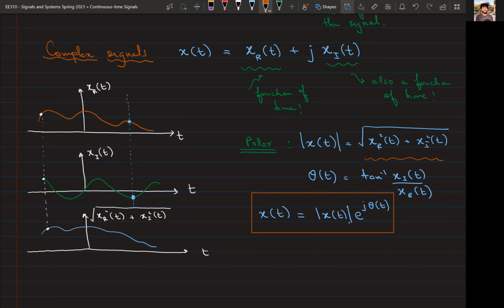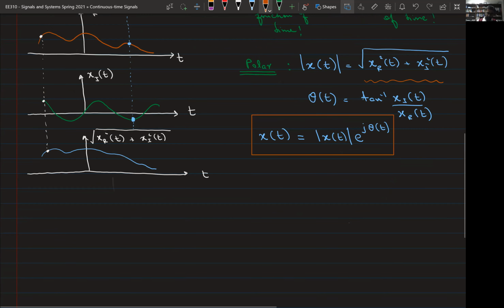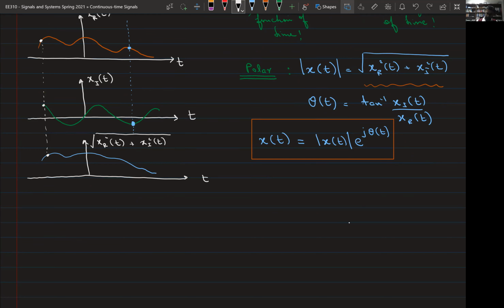Sir, can you explain again how you would make two plots from the polar version of a complex signal? Okay, so here you would have a plot, as a function of time, of the magnitude, x of t, which is the magnitude.